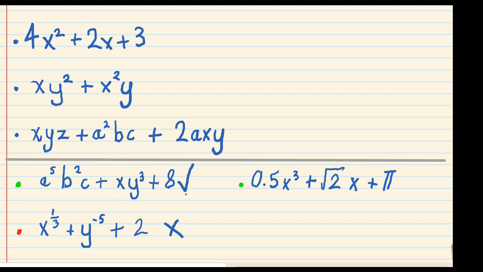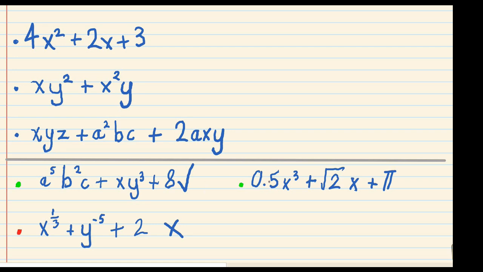So that's the first thing I want to demonstrate, and the last thing is the coefficients of the variables. For example, 0.5 here, this root 2, or then for the other example, here you have 4, you have 2, you have 3. So the coefficients, these can be any real number, meaning they can be positive, negative, fractions, whatever.